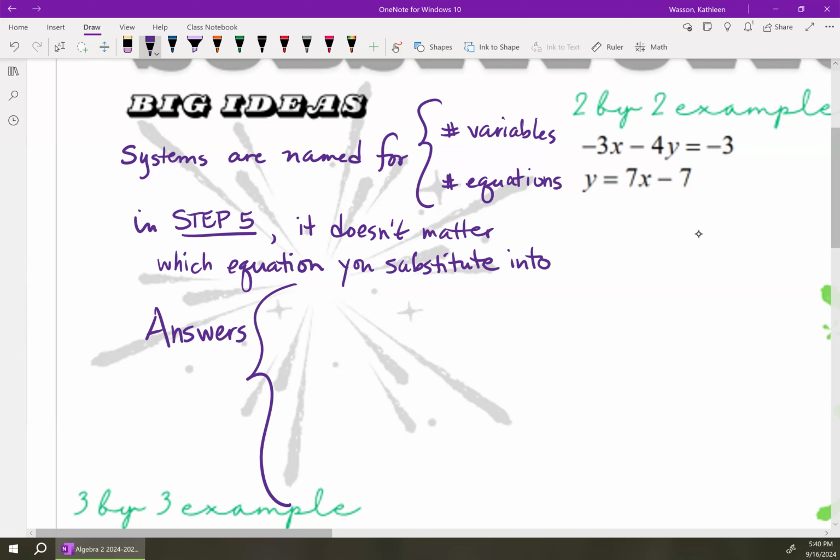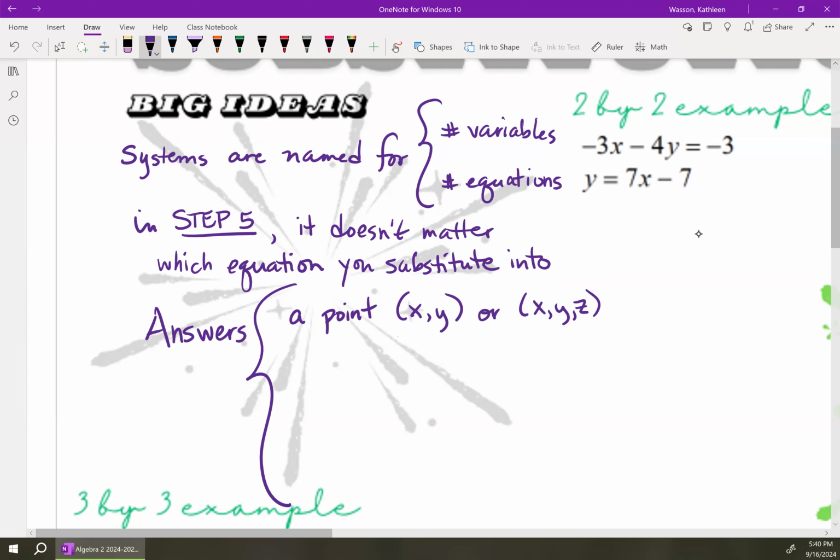You could have a point, which could be an ordered pair, x, y, or an ordered triple, x, y, z, if you have three variables.